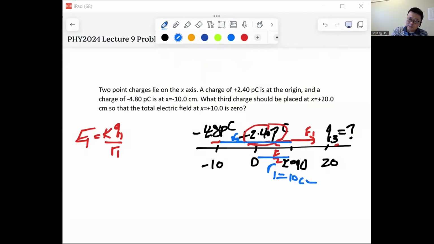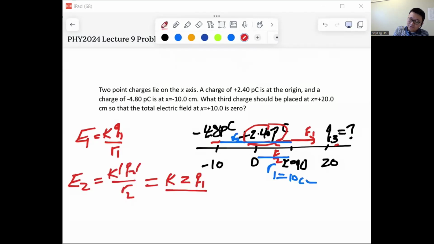R2 is actually 20. So E2 is K times the absolute value of Q2, because Q2 is negative, over R2. Now it's clear that Q2 is twice Q1, so this will be K times 2 times Q1, divided by R2, which is also twice R1.